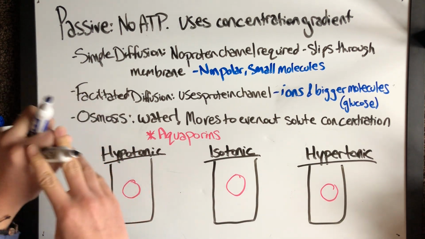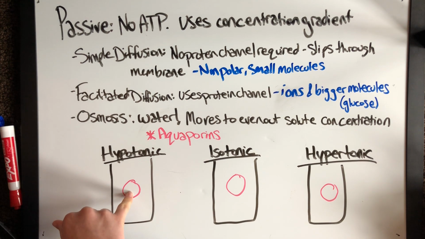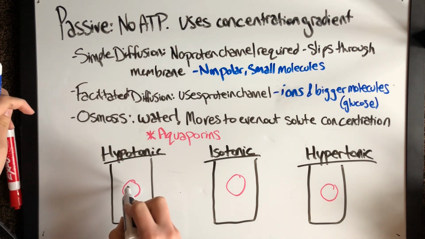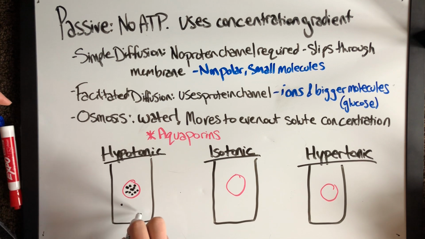Okay, so in a hypotonic solution, we have more molecules, more solute inside the cell than we do outside the cell. We're gonna represent that with dots, right? So we've got a good number of dots inside the cell and just a small amount outside the cell.